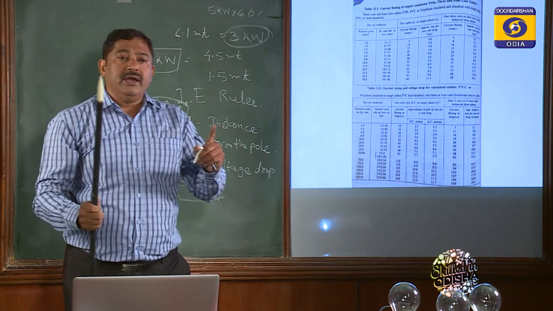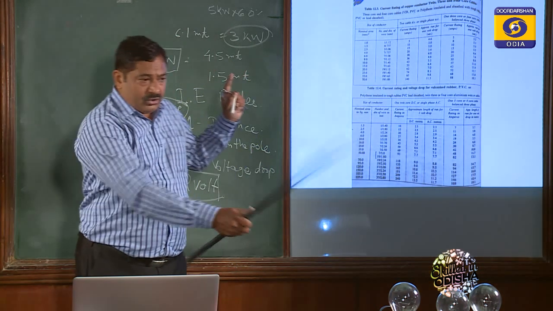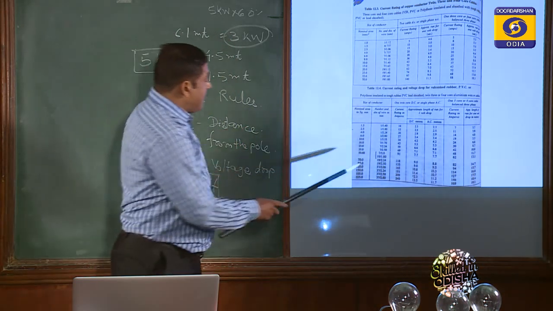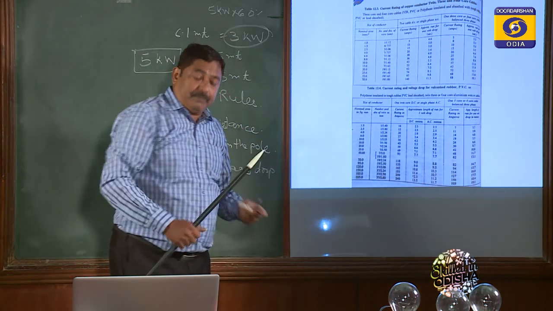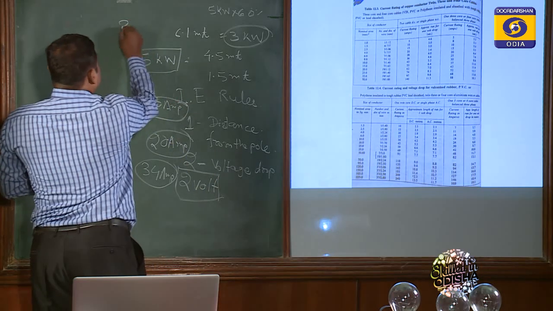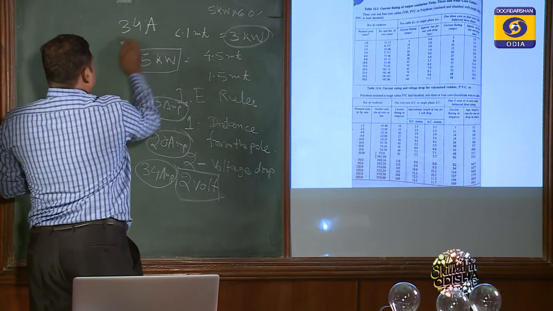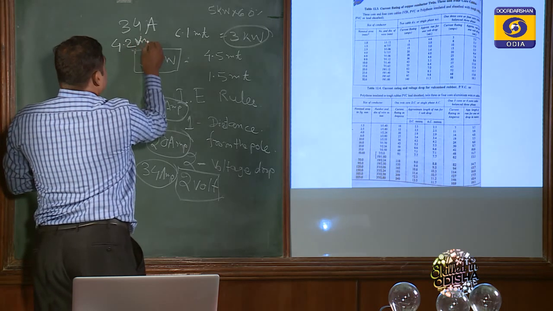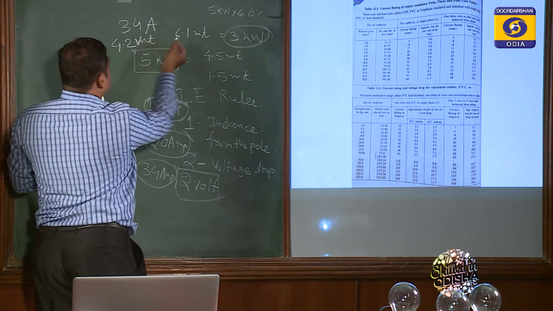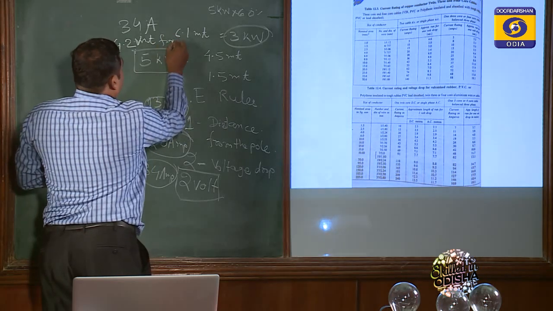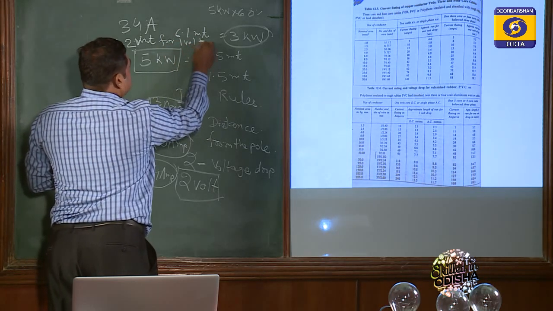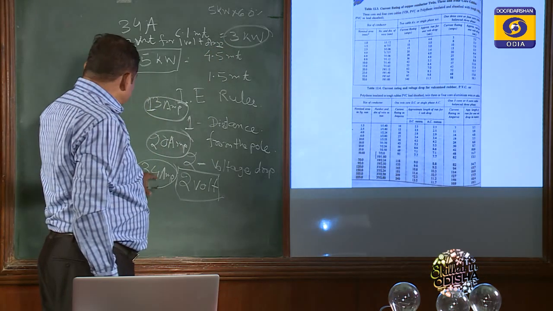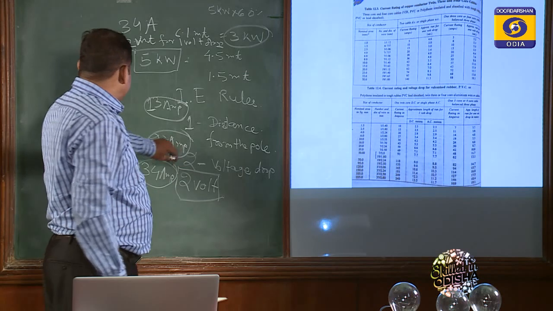I told you the rule says from pole to the box maximum 2 volt drop. For 34 ampere current, we find 4.2 meter for 1 volt drop. But actually our current is 13 ampere.